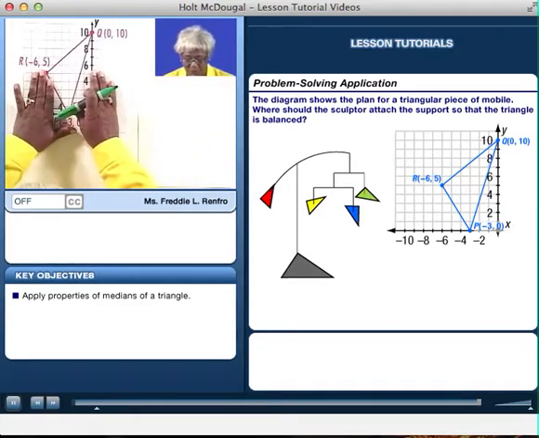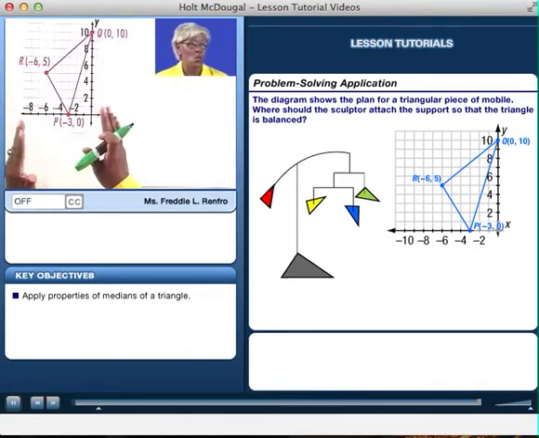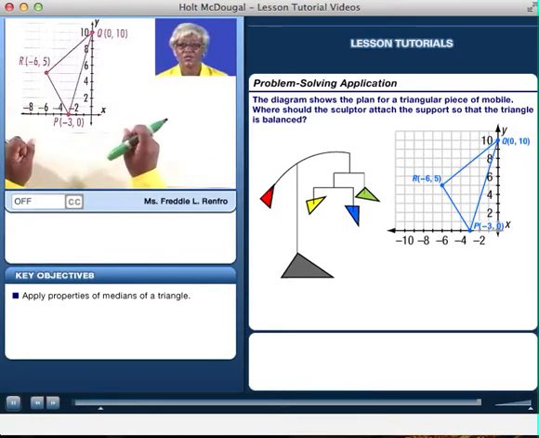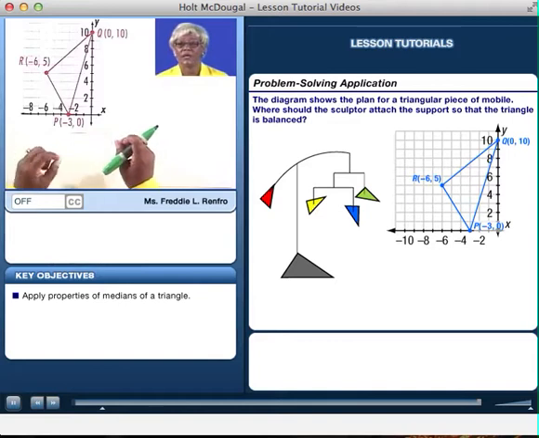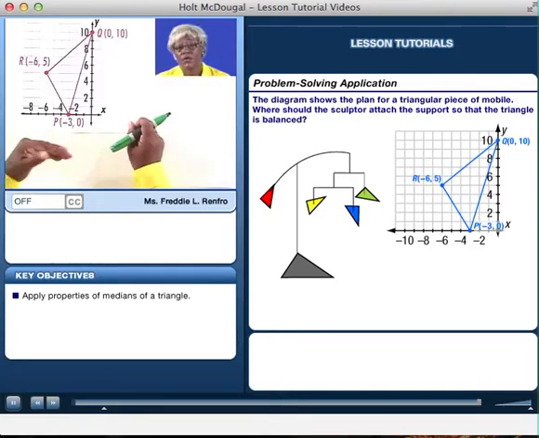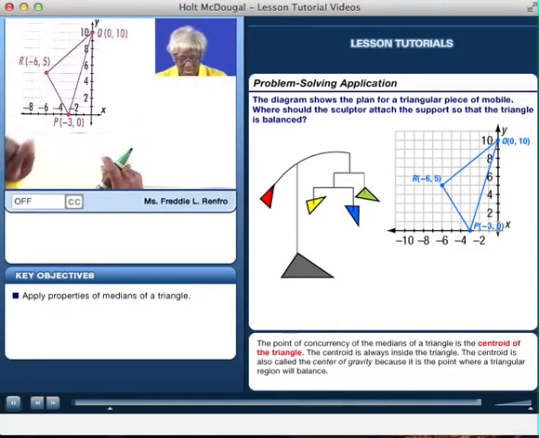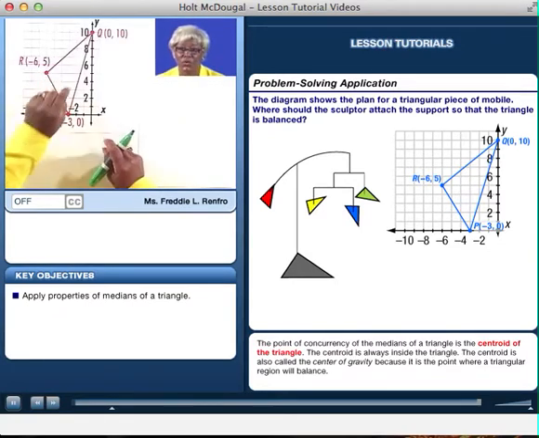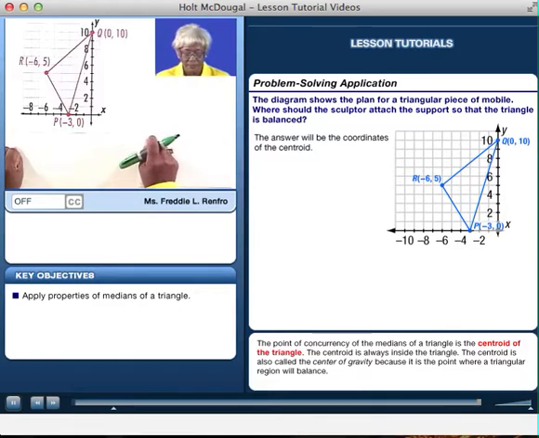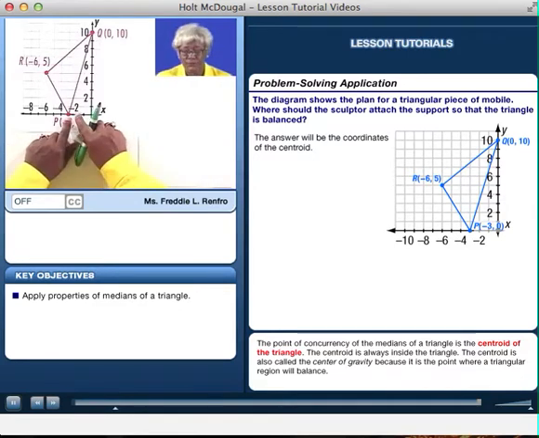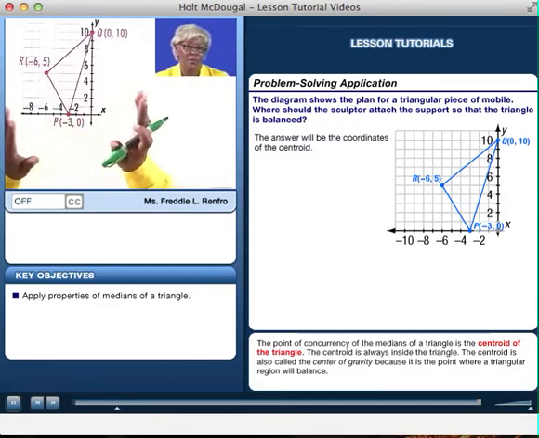We have a triangle, and we're trying to find where we need to attach that support so that the triangle will balance. Recall, the centroid is also called the center of gravity. So let's see if we can find the centroid in this triangle. Well, also remember median.